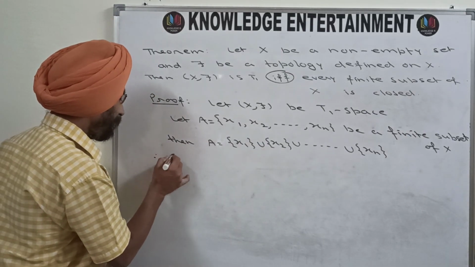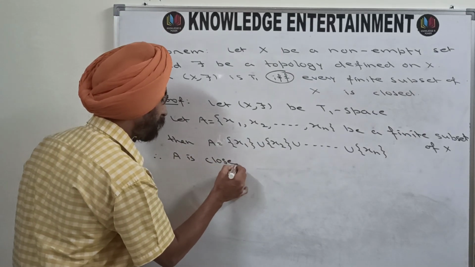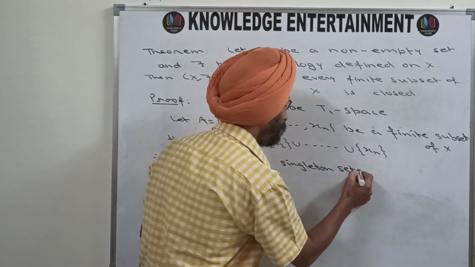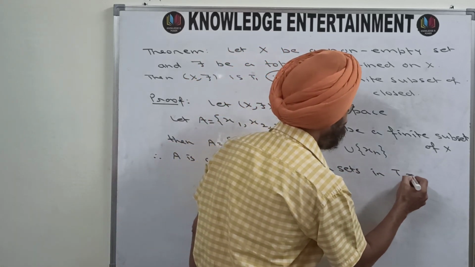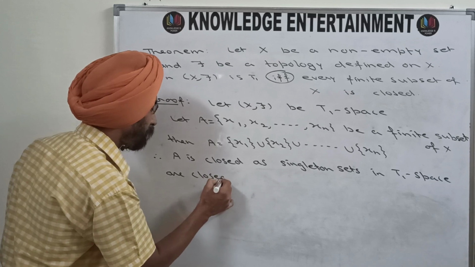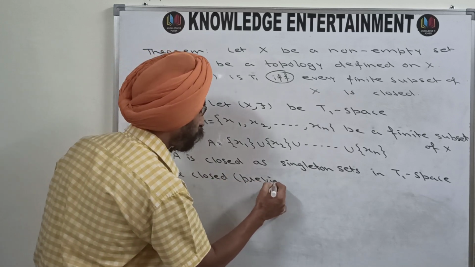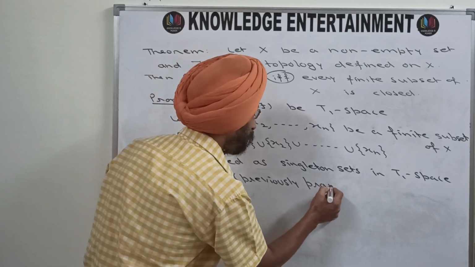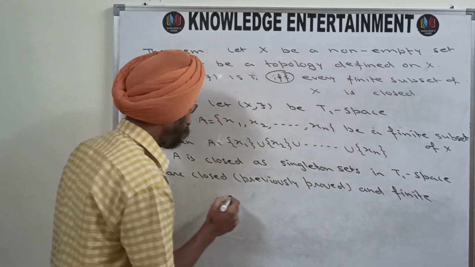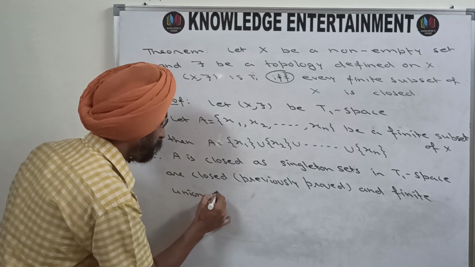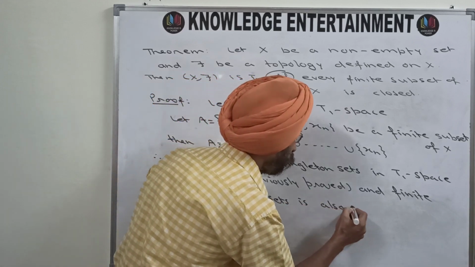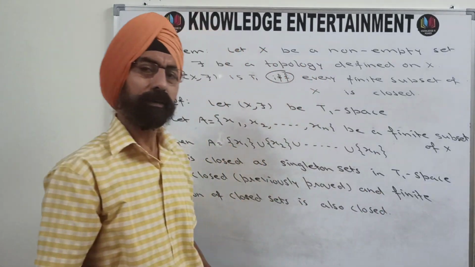So therefore A is closed, as singleton sets in a T1 space are closed, previously proved, and a finite union of closed sets is also closed from our previous knowledge.